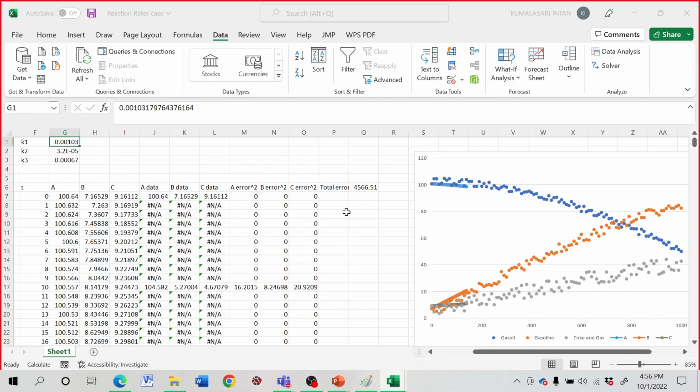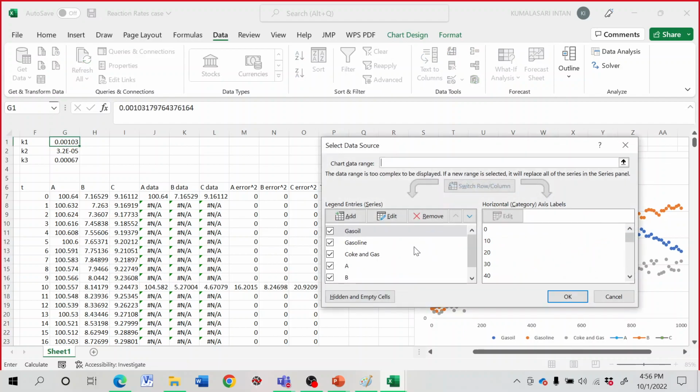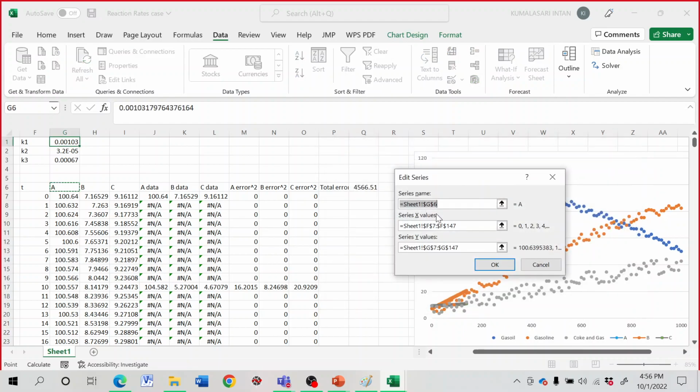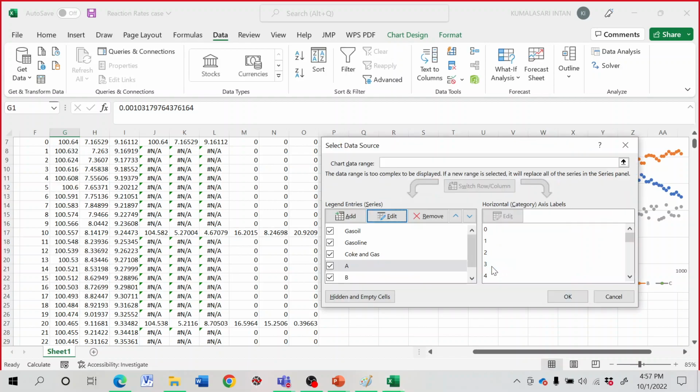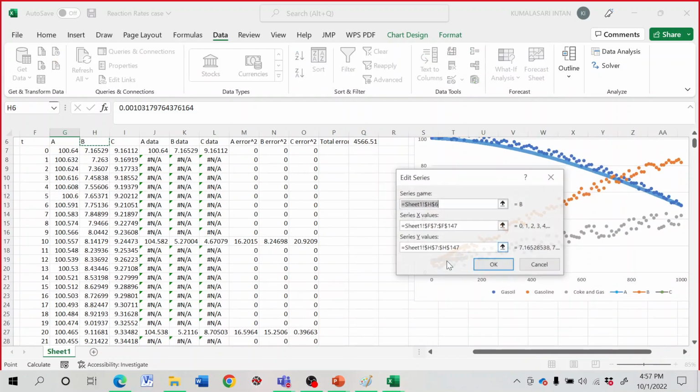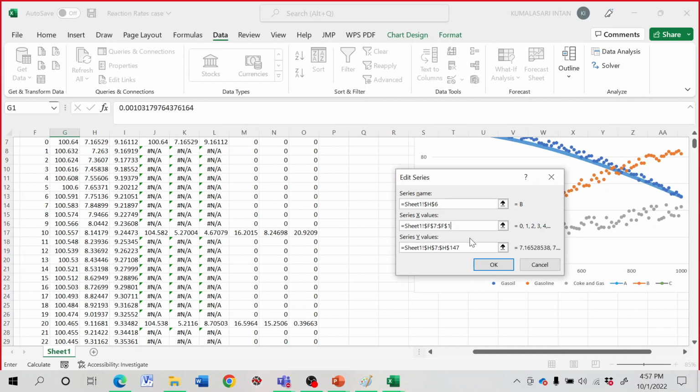Oh, the graph, sorry, this A is 1007. Okay, this then 1007 as well.